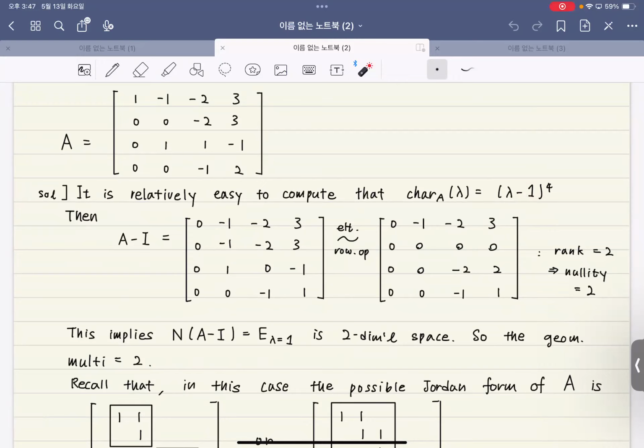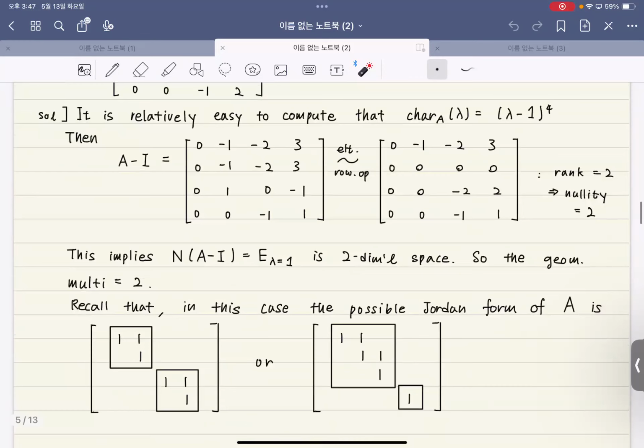So what are the possible Jordan forms of this matrix? In this case, I think these 2 Jordan forms are the possible Jordan forms of matrix A. Why?